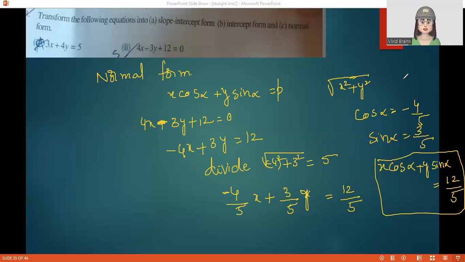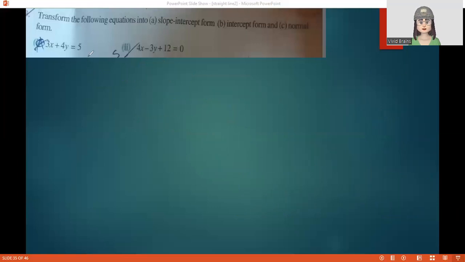Understood? Let us move to the first question. In the first question, we will do the intercept form. It is 3x plus 4y is equal to 5. In order to get the intercept form, your RHS should be 1, right? So divide the whole equation by 5.